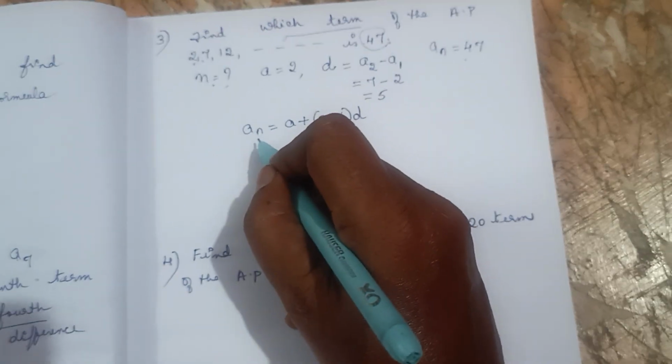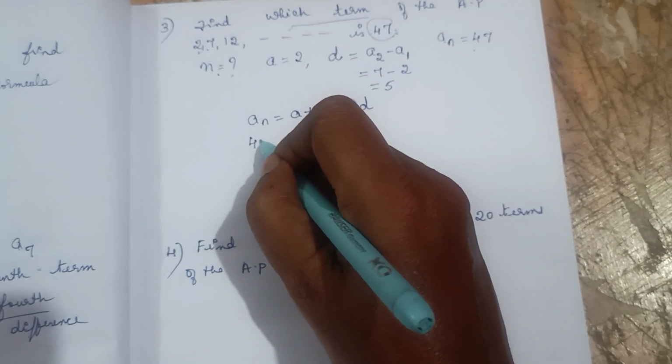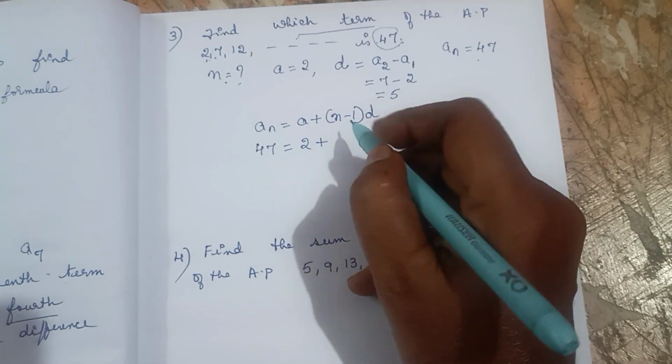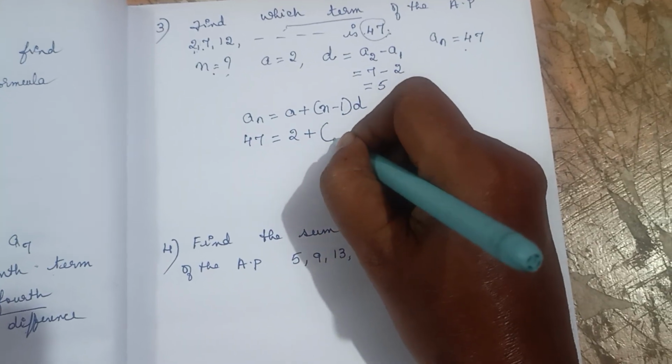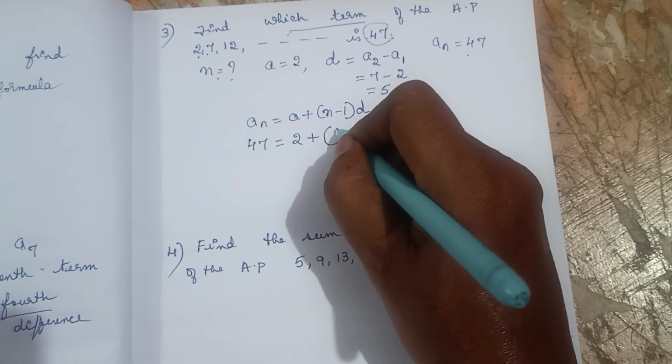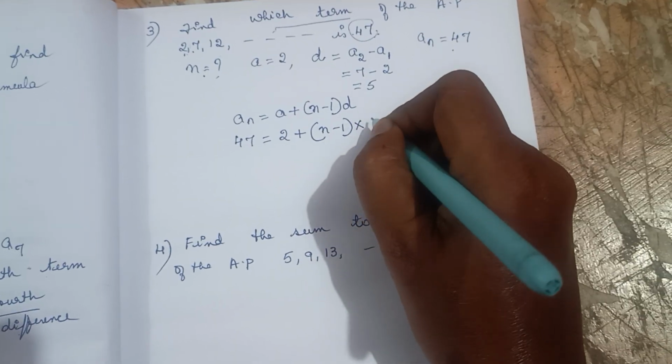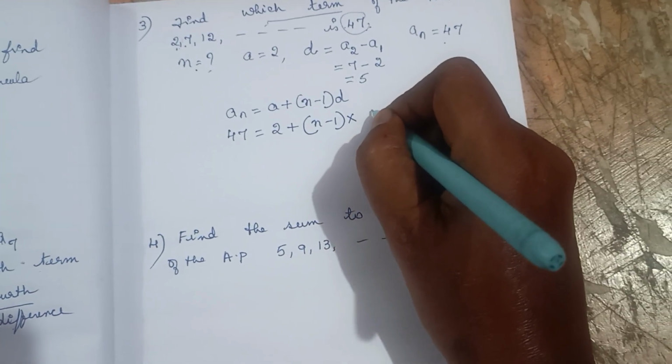On substitution, what is an? 47 equals 2, since a is 2, plus, n is not known to us, n minus 1, close the bracket, into d. d is 5.